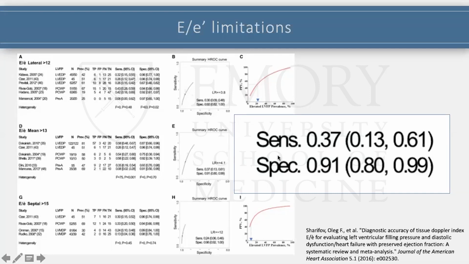I just pulled out one of the findings here, which is that the specificity was good, I think you can call that good at 0.91, but sensitivity was really poor. Even though it's nice that we put together a meta-analysis, I actually think the key here, and what I'll conclude with later, is that it's more important to figure out who this does work with and who this doesn't work with, than to say whether this works on a population scale or not.